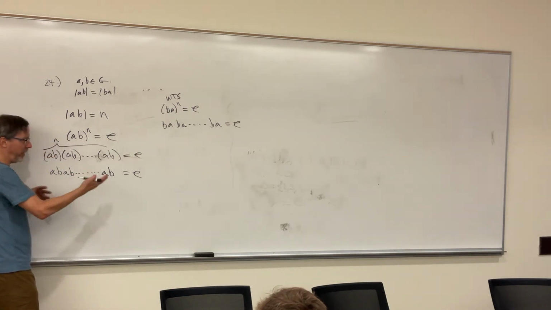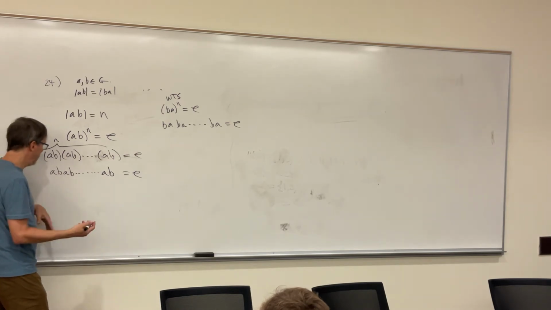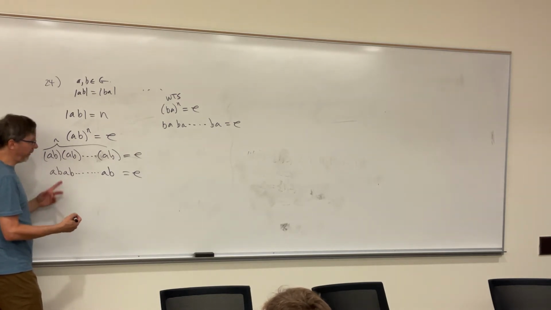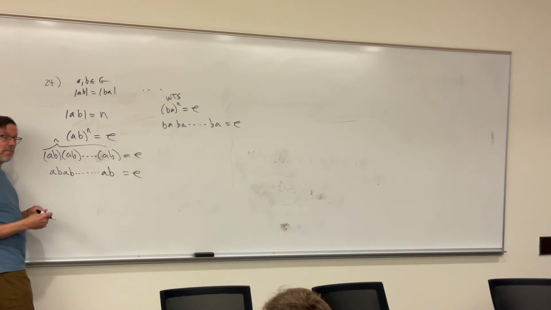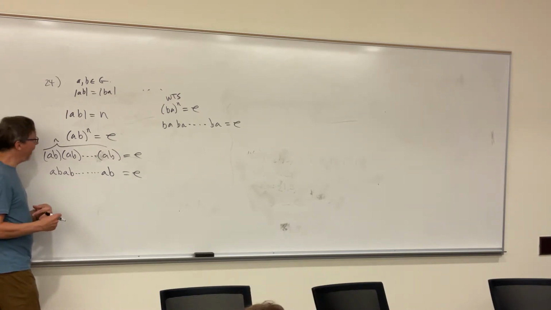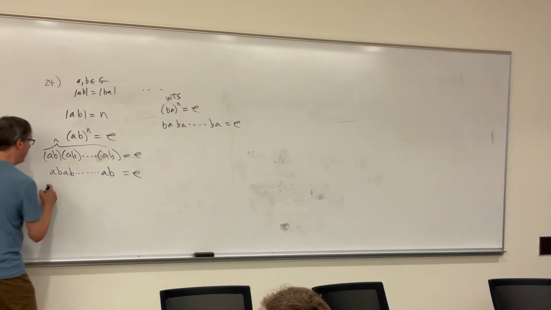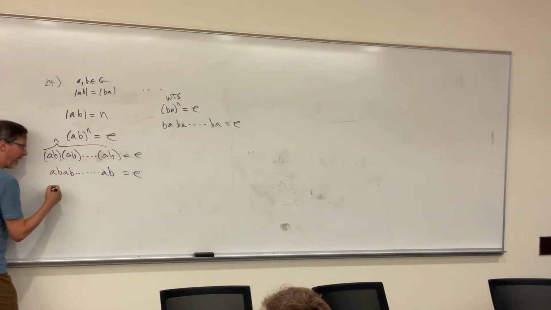I could start multiplying by things, left multiply by an A inverse, or I could also left multiply by a B. I'm not 100% certain what's going to work, but let's try some things.